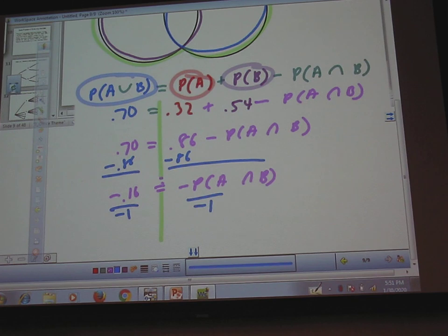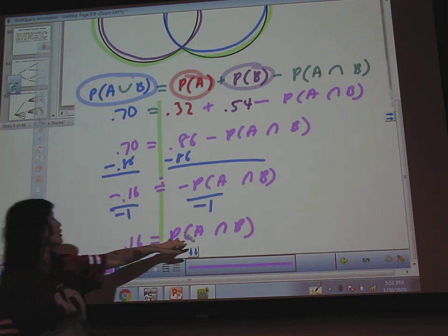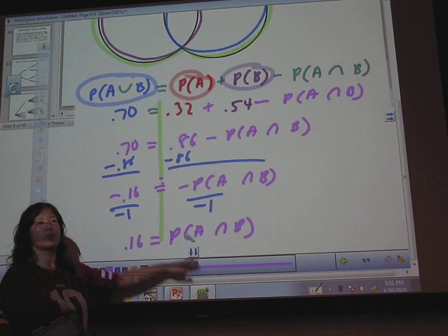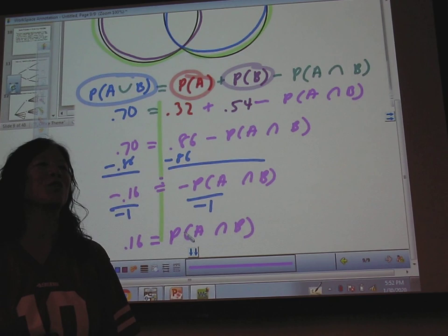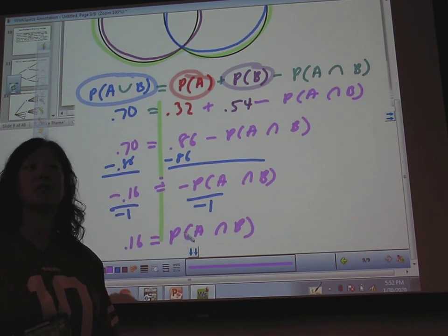So then we end up with positive 16 cents is equal to positive probability of A and B. Good? It's because we want to solve for this, not the negative this. I don't want to ask what the negative probability of A happening is. I just wonder what the probability of A happening is.